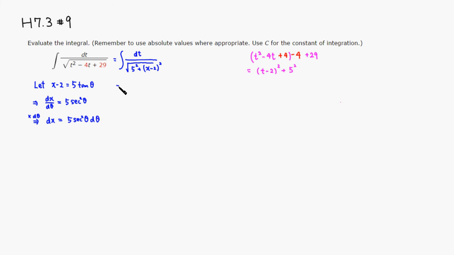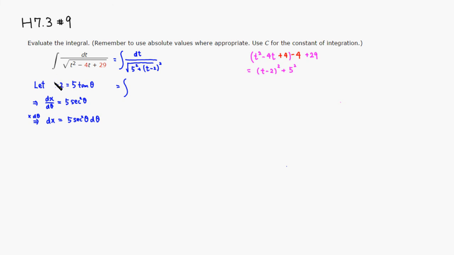All right, so let's do the substitution. Actually, I messed something up. I was using x instead of t. Sorry about that. I'm going to erase this. This should have been t there, and also here.